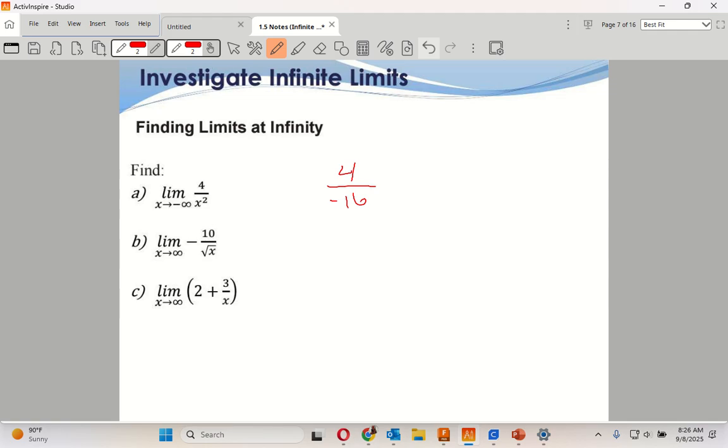So now on this problem here, I'm taking infinity and doing what to it? Squaring it, right? So it says 4 over negative infinity squared. So infinity squared should give me a positive, right?